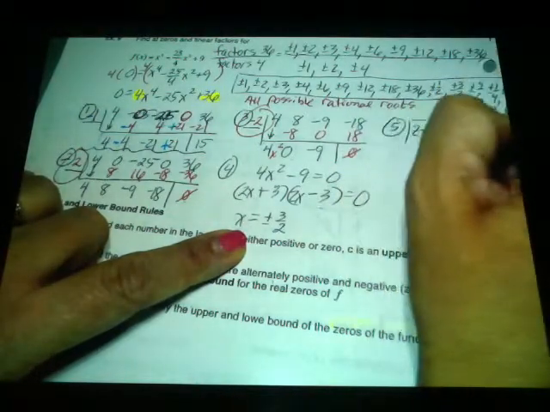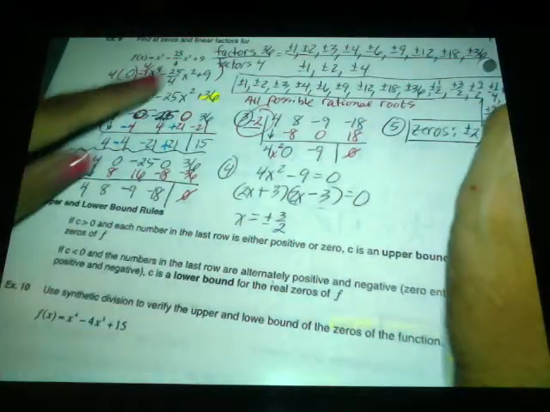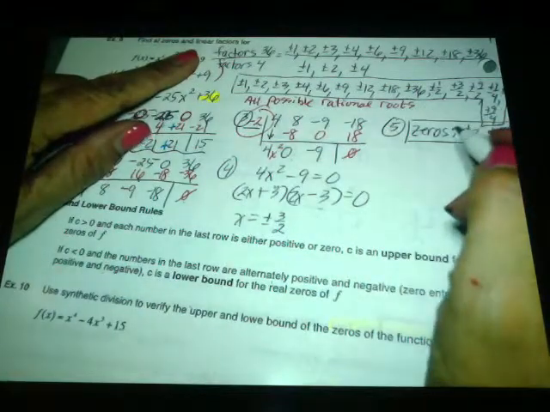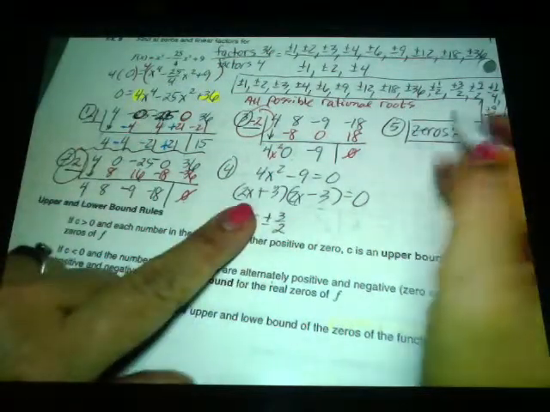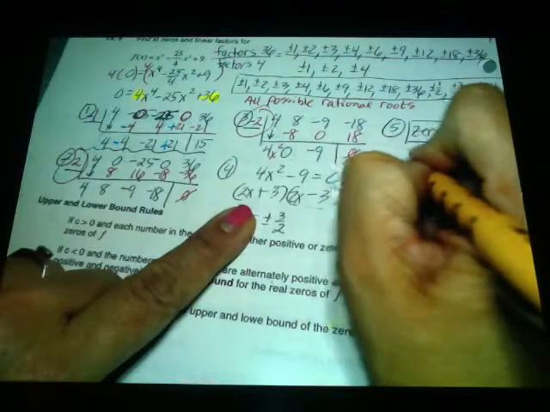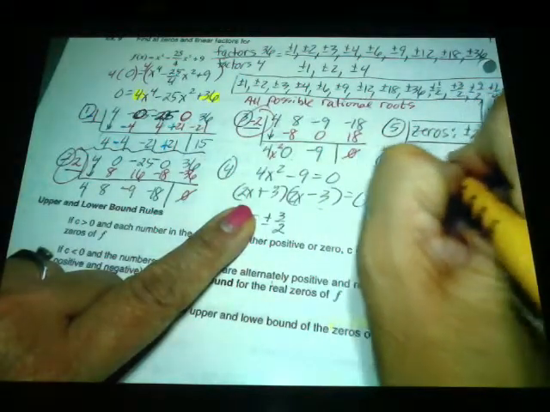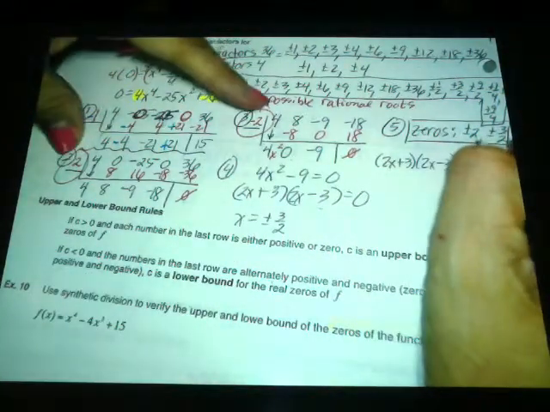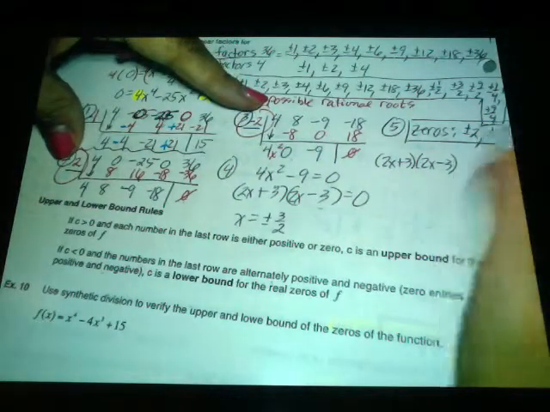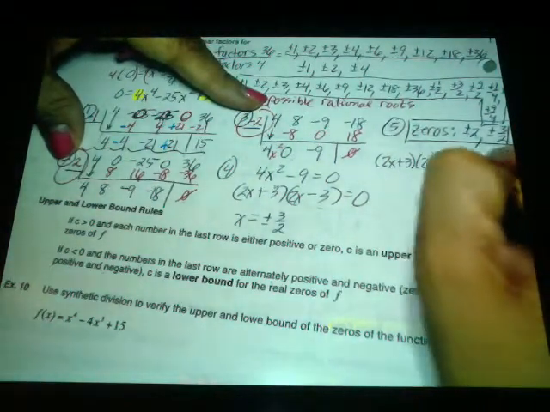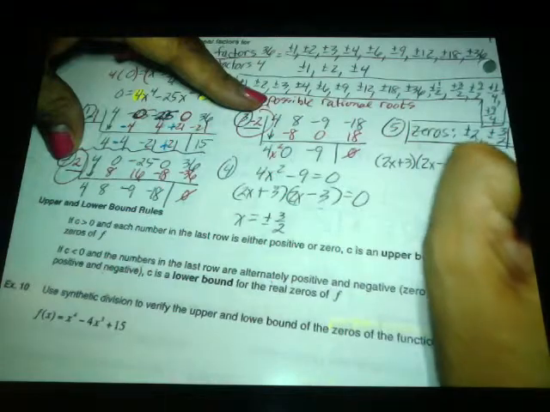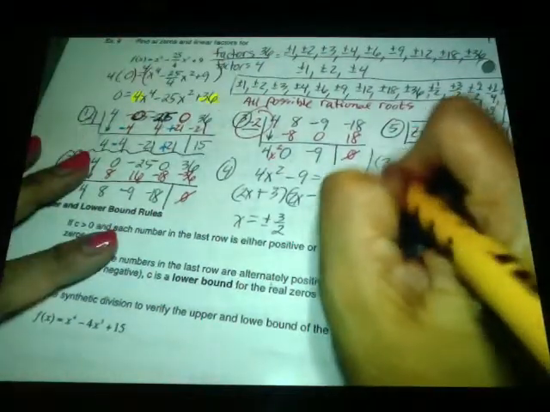So there's that answer. Then, didn't they ask us for the linear factors? So we already have these two, 2x plus 3, 2x minus 3. And then what about these two? What are they going to be? x minus 2 and x plus 2, right? So there's our linear factors.